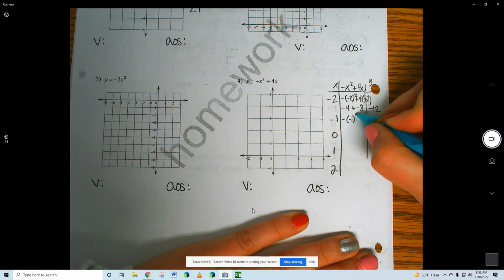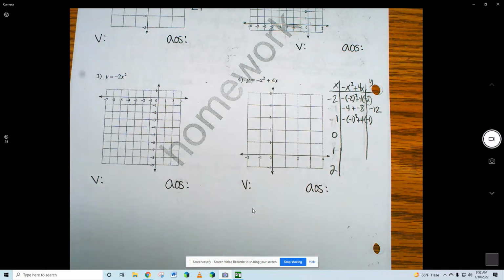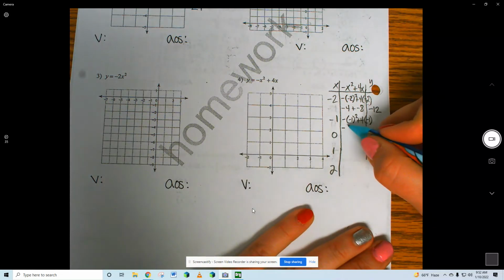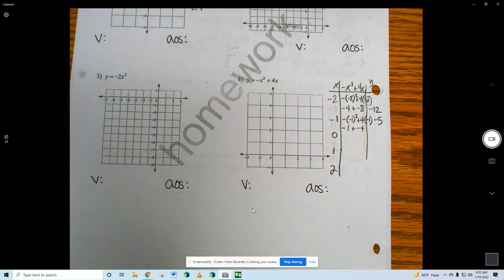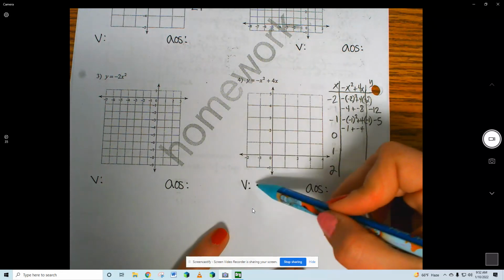Negative 1 squared plus 4 times negative 1. Negative x squared plus 4x. Negative 1 plus negative 4. Negative 5. Again, why does the graph look like this? Bugs me. I still can't graph negative 1, negative 5. It's off the graph.